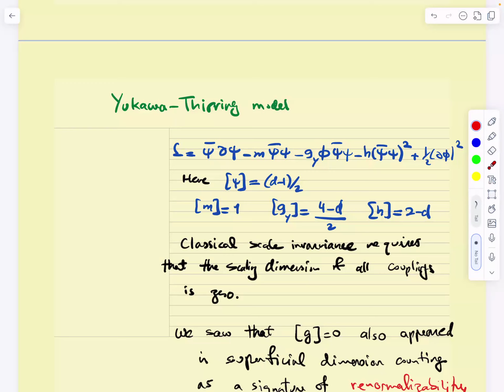Sorry, you should disallow the mass term. So if you just take the psi bar psi phi term plus the kinetic term, that would be classically scale invariant in 4 space-time dimensions. Now, if you exclude these terms and only consider this term, it is classically invariant in 2 space-time dimensions. The reason I mention that is that it also plays an important role.